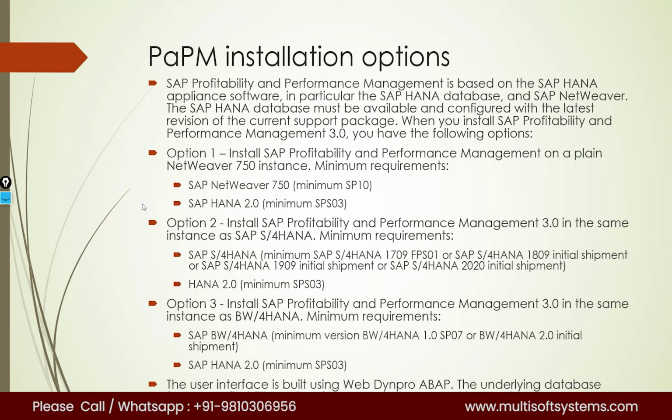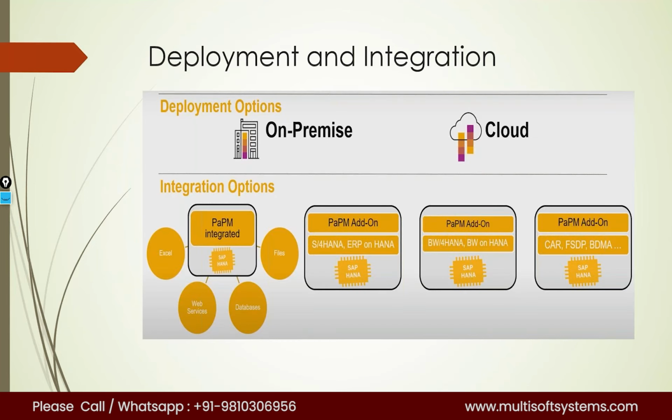Okay, so basically PAPM is not storing anything, right? It is taking data from the source, applying the calculation, and writing back to the destination. Is that the right statement? Yes. Let's say I talk about this S4HANA, where there is data in ACDOCA, and PAPM is installed on top of S4HANA.